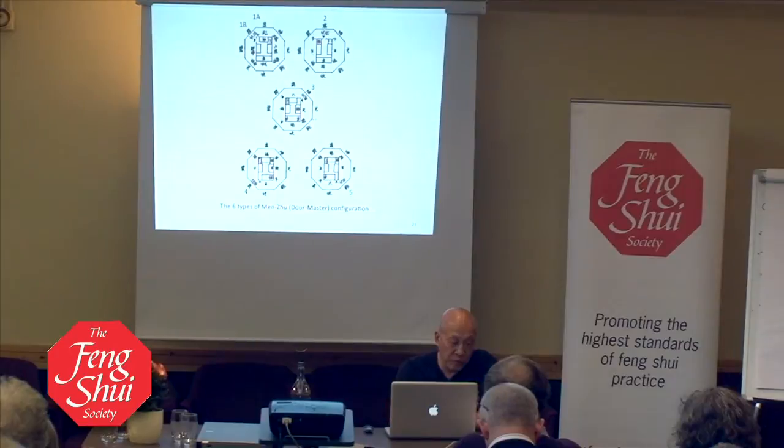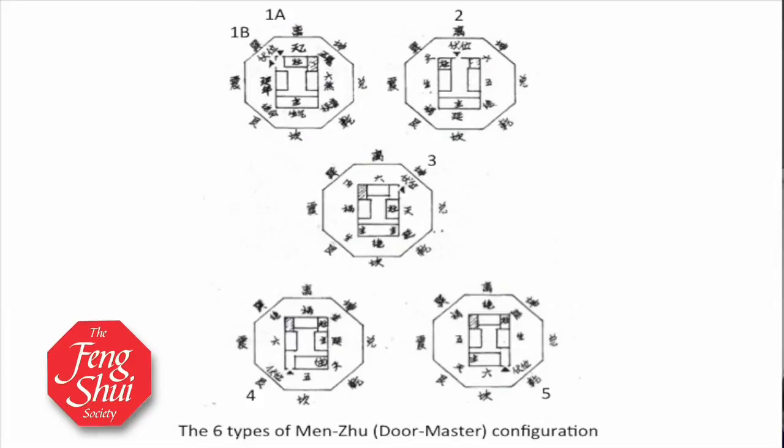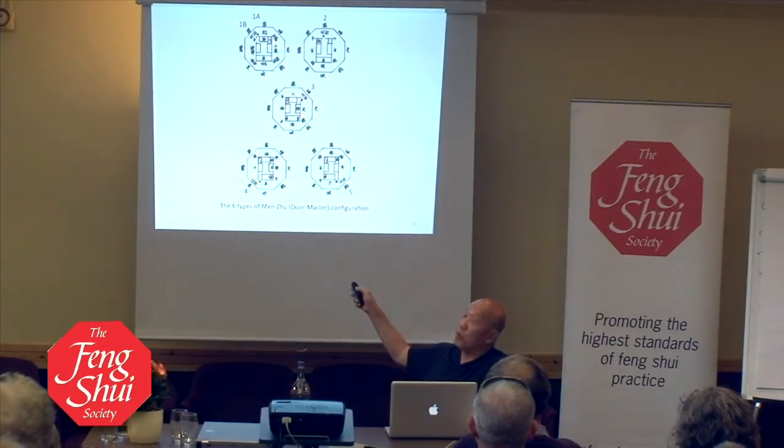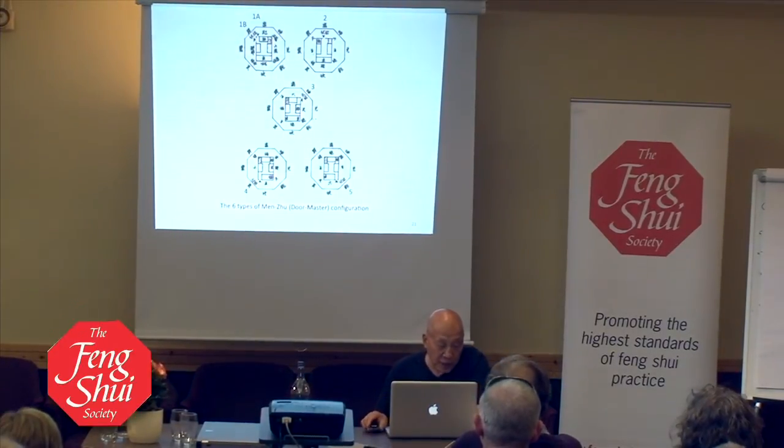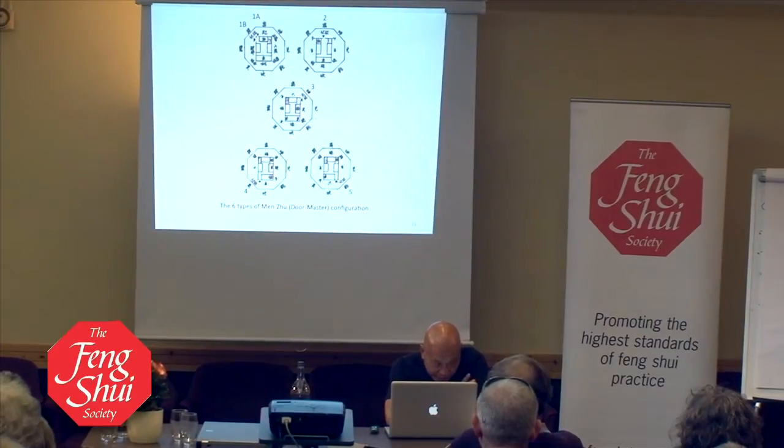The first one, number 1, is what they call the Sun door Kan master, with the door opening to the south. Sorry, I should say the southeast. This is a typo there.